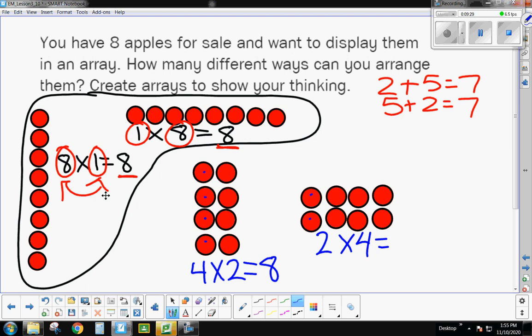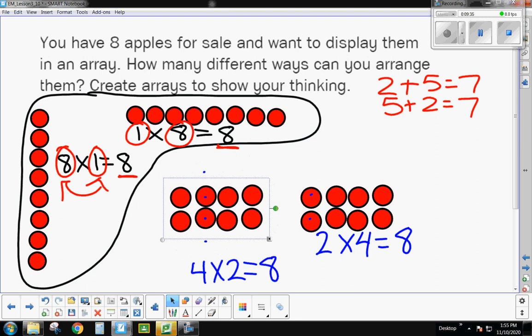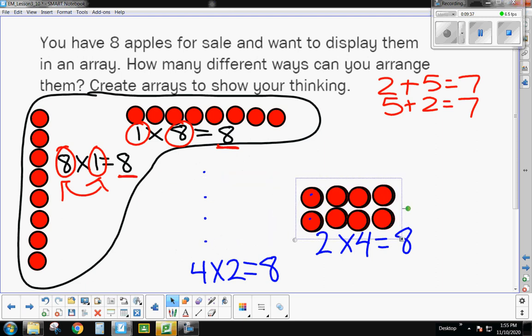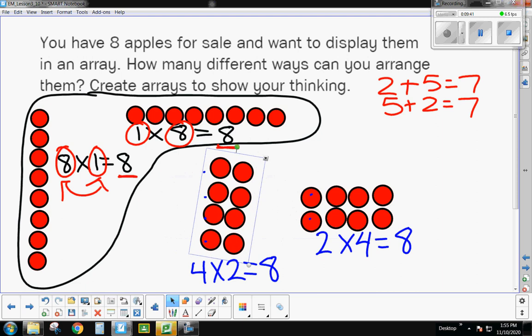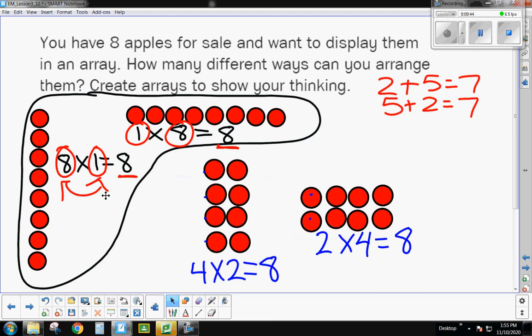And of course, that still equals 8. So it's the same thing, it's just turned around. Okay, still equals the same thing. We still have the same product. It's just our factors are turned around. I have a 4 and a 2. I have a 2 and a 4, but they both equal 8.